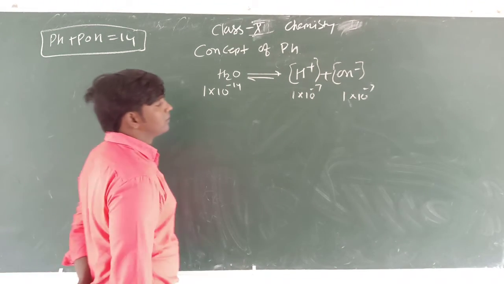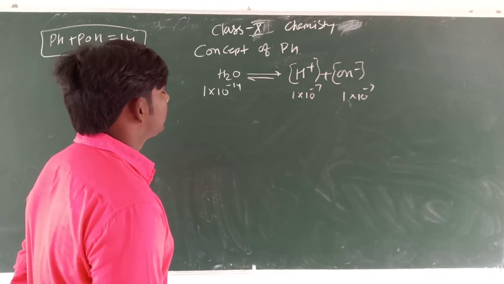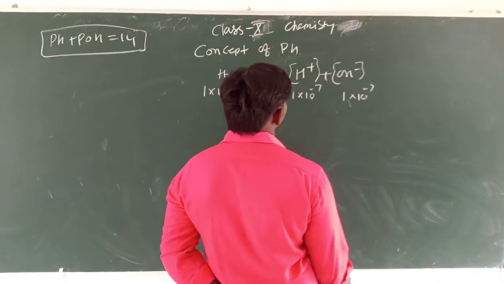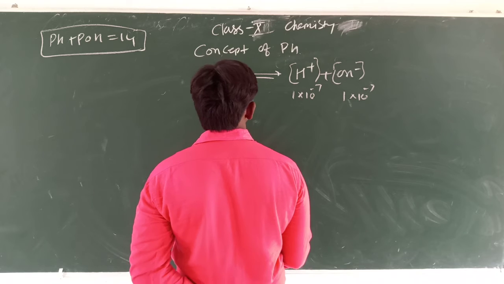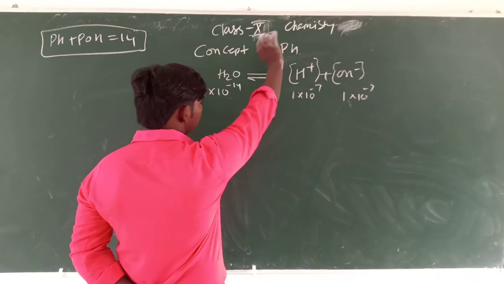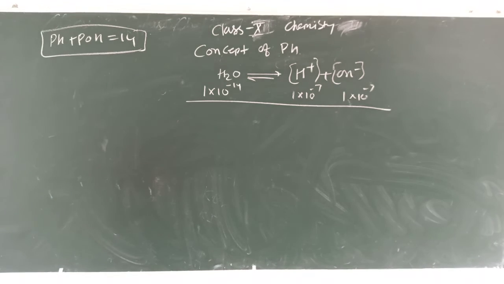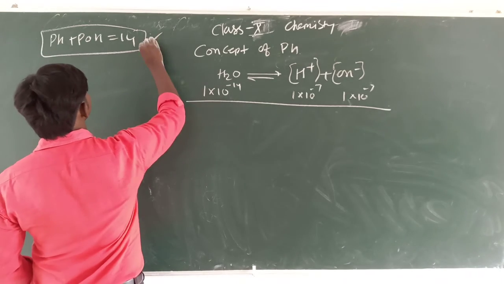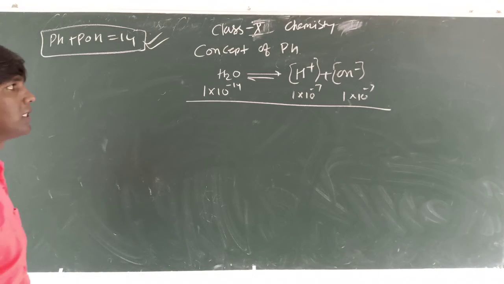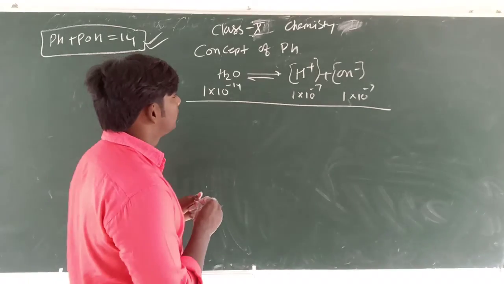Okay, so we have the ionic product of water. Not going so much into depth, you just have to know this formula, that is pH plus pOH is equal to 14, and we will derive this.